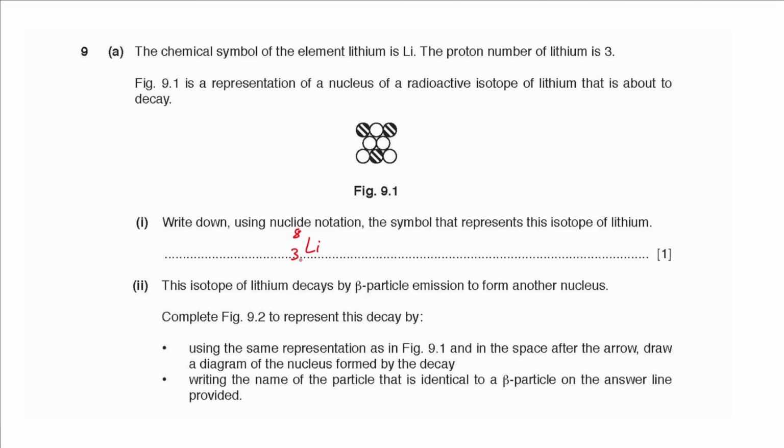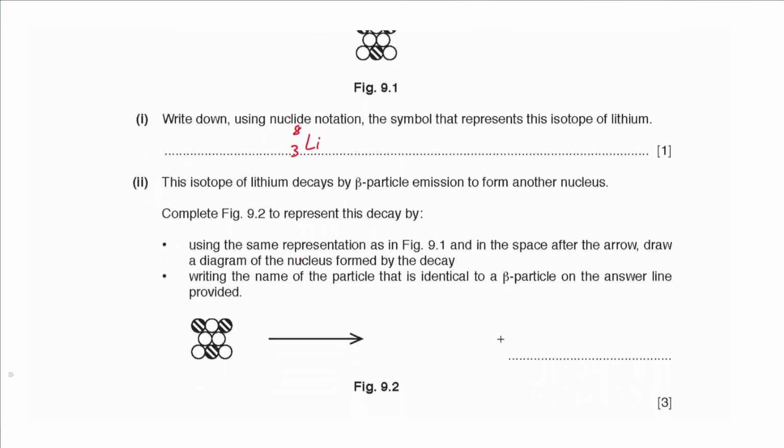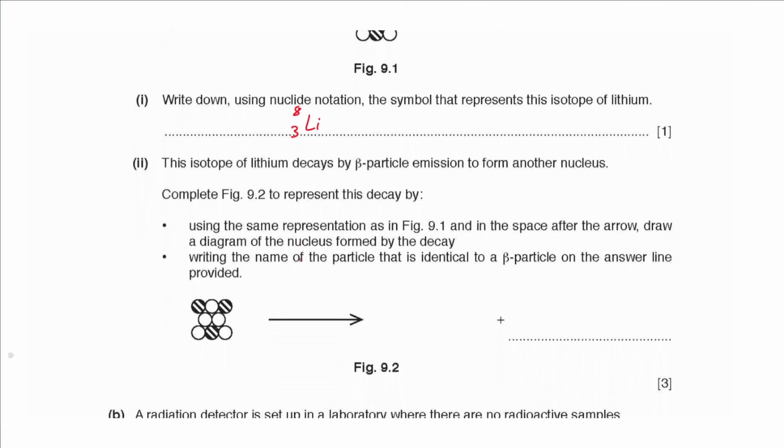Part double I says this isotope of lithium decays by beta particle emission to form another nucleus. Complete figure 9.2 below to represent this decay by using the same representation as in figure 9.1, which means using the circles, and in the space after the arrow draw a diagram of the nucleus formed by the beta decay, and by writing the name of the particle that is identical to a beta particle on the answer line provided, that would be an electron.